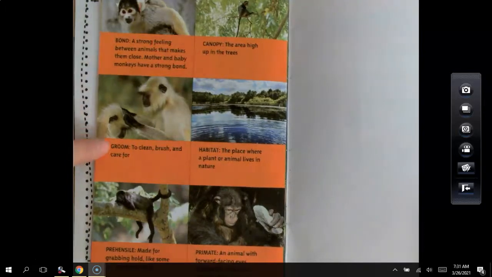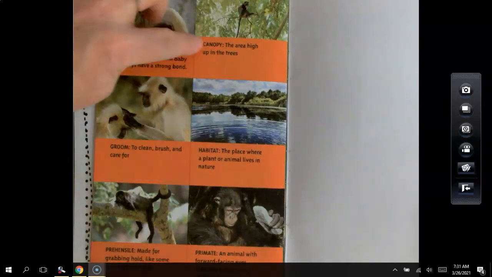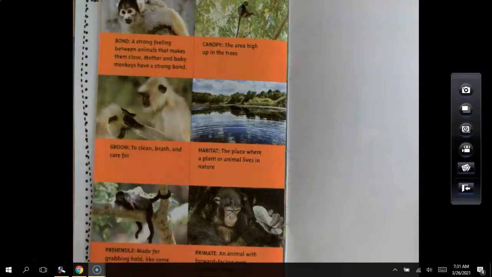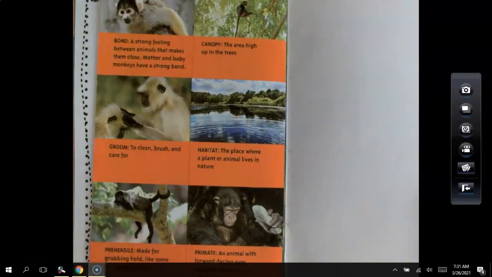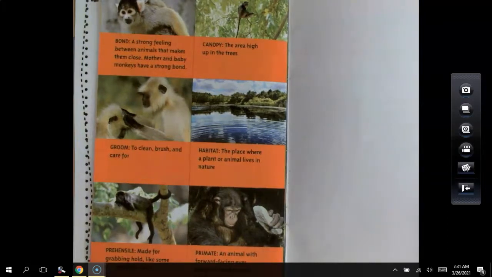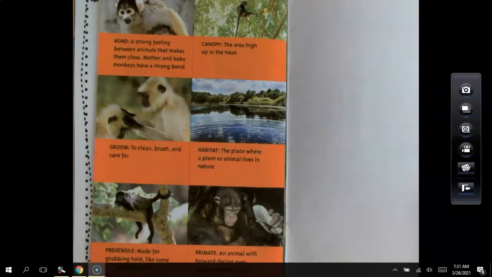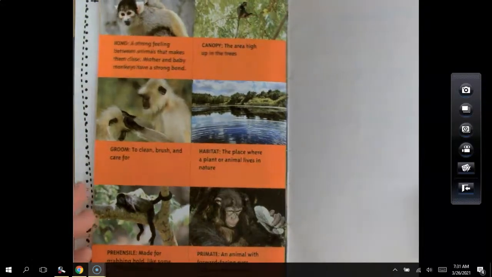This has vocabulary words. In this case, it has 6 vocabulary words. And it tells me the definition of those vocabulary words. So it's like a dictionary, but a glossary would be at the end of your book.